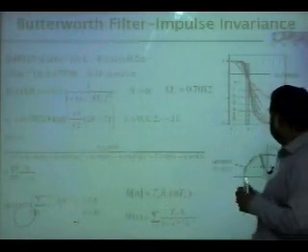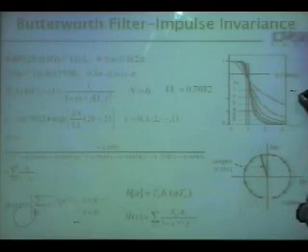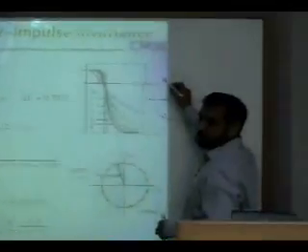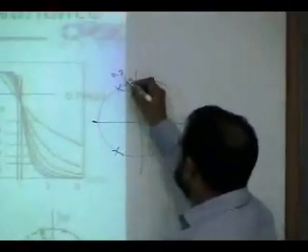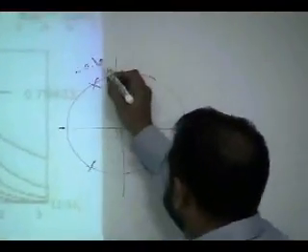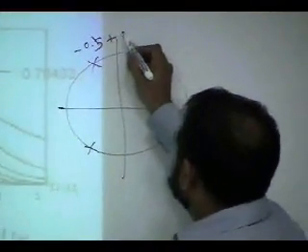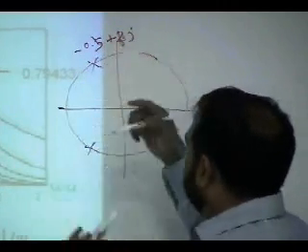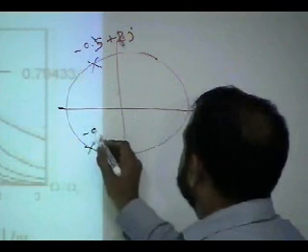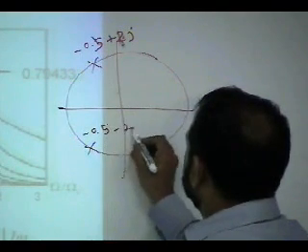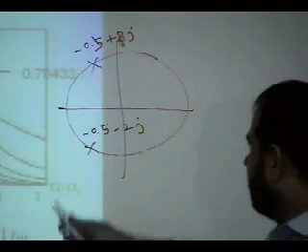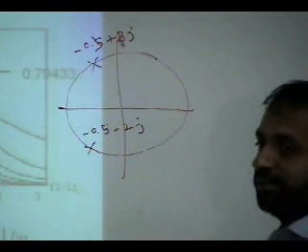If I give you, let's say, 2 poles, one is here, let's say this pole is at minus 0.5 plus 3j or whatever, and this one is minus 0.5 minus 2j, for example. So how will you write the transfer function Hc of s?